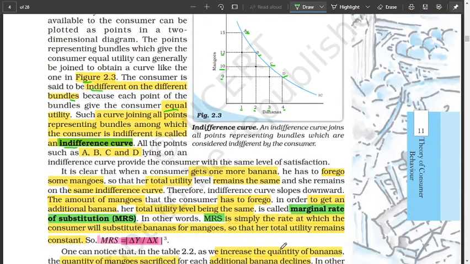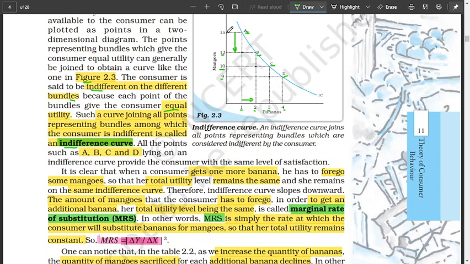A point to note is that if you want to go from A to B, by choosing point A, you consume 15 and 1, but to go to point B, even though it gives the same satisfaction, to be able to consume more banana, you have to forego, you have to sacrifice certain mangoes because you have limited resources to get these commodities.